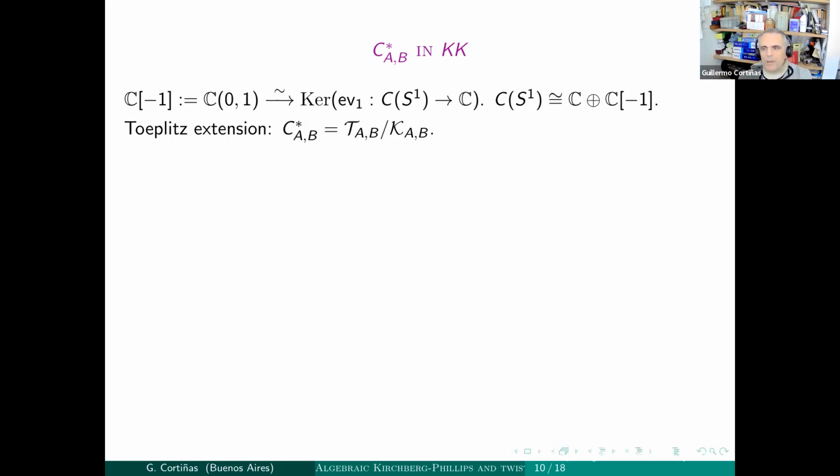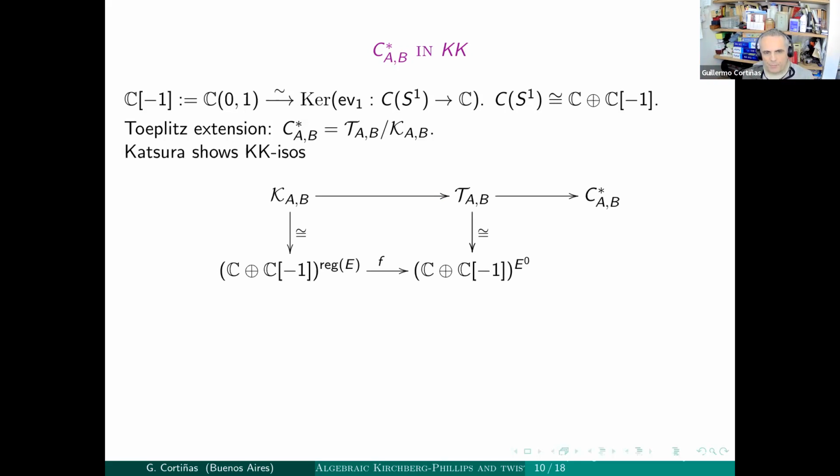If you omit Cuntz-Krieger condition 2, you get the Toeplitz algebra, right? And so you get the presentation of the C star algebra of AB as a quotient. And now this extension, you may look at in KK.